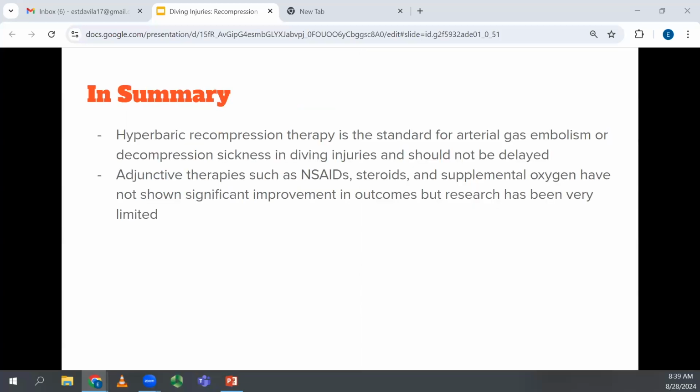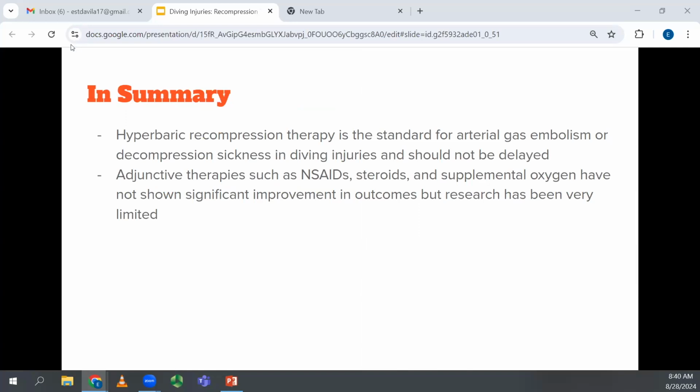But in summary, hyperbaric recompression therapy is the standard for arterial gas embolism and severe decompression sickness. I would say that if you have any clinical suspicion that this person is having either of these, or they have a diving injury and they're coming in with any deficits, just try to get them to a decompression or hyperbaric center immediately.